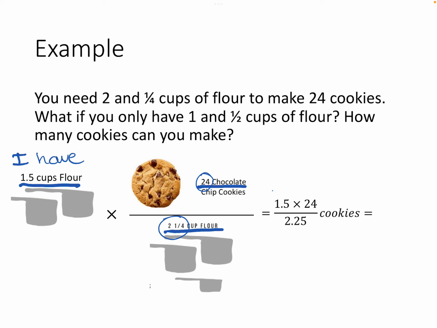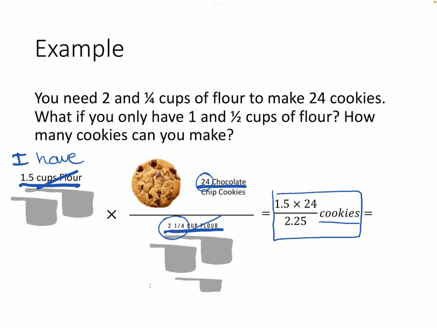So over here, I simplified everything, so we can cancel our units here and here, cups of flour, and our final unit will be cookies. So this is dimensional analysis again. So all I need to do is multiply 1.5 by 24 and divide that by 2.25.